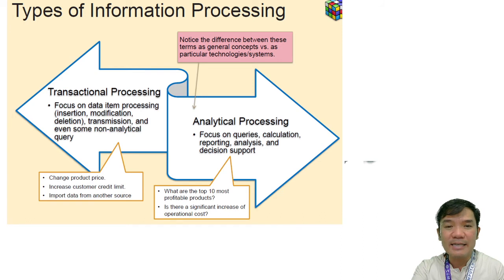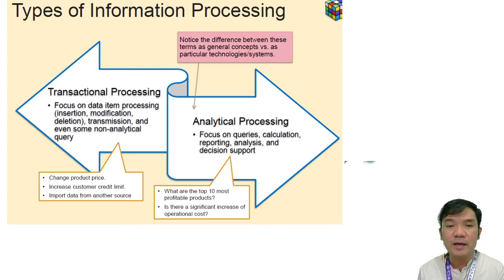And maybe last, before the end of the slide or before the summary, this one is about the types of information processing. In our introductory video, I already introduced the transaction processing system. This one is a comparison between transaction processing and analytical processing.